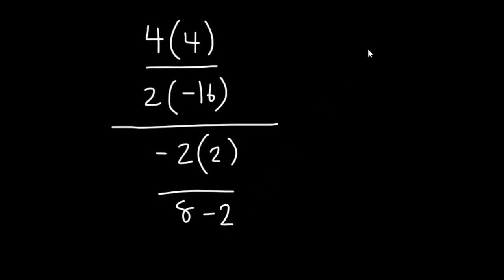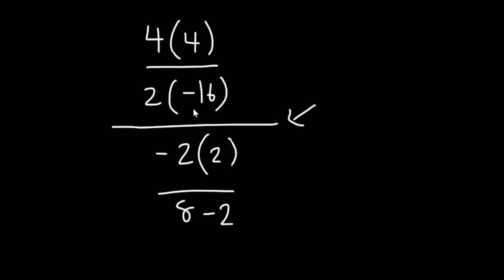Something really, really important that you need to realize is that this division sign, this fraction line, is the longest. And this is no accident. This needs to be the longest.